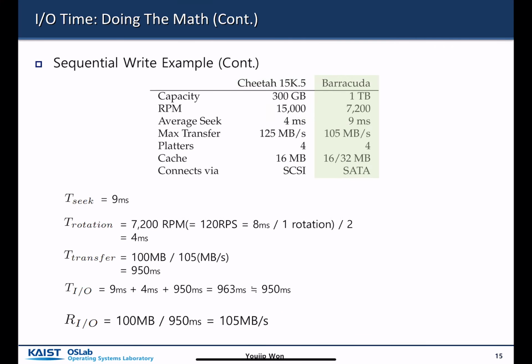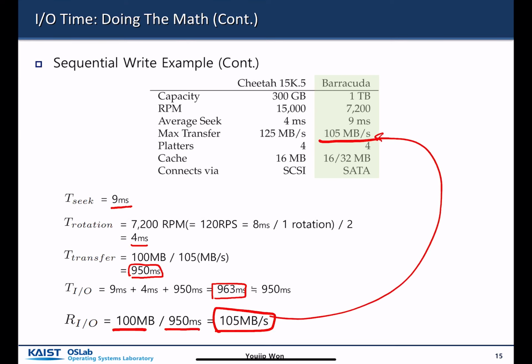It is the same for the PC drive, the Barracuda. The seek time is 9 milliseconds, and the rotational delay is 4 milliseconds, the same as before. Transferring 100 megabytes takes 150 milliseconds, so the time to perform an I/O corresponds to 163 milliseconds. Sending 100 megabytes in 150 milliseconds corresponds to 105 megabytes per second, which is the same as the vendor specified maximum transfer rate.